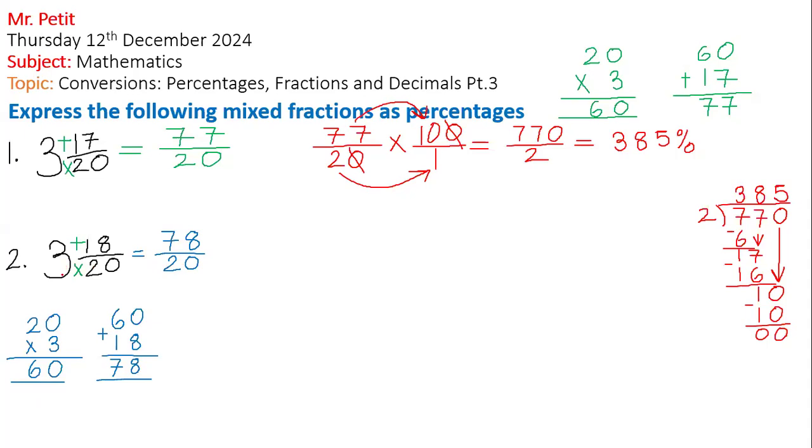Okay, so I multiplied 3 by what? 20. Good. What is 3 times 20? That gives me what? 60, very good. And then I take the 60 and I add it to what? 18. 60 plus 18 is gonna be what?